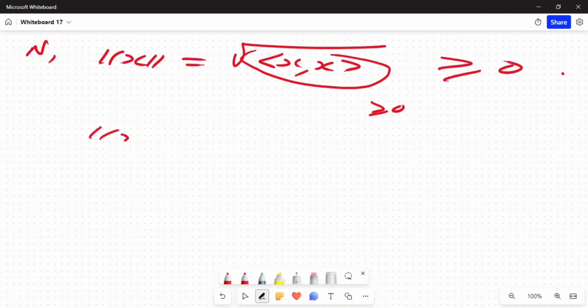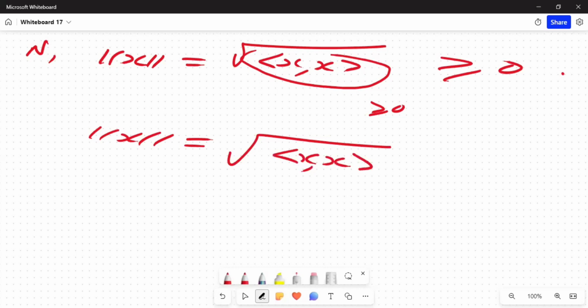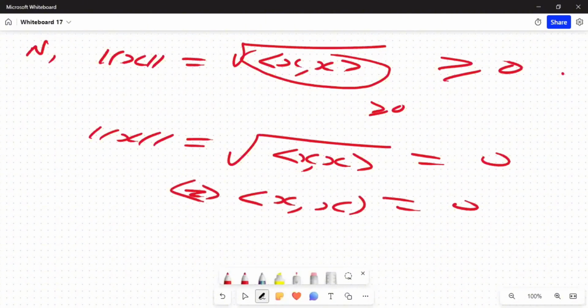And if you claim that norm of x, which is the square root of inner product of x comma x, is equal to 0, this will be 0 if and only if the inner product of x comma x is equal to 0, if and only if x is a zero vector.